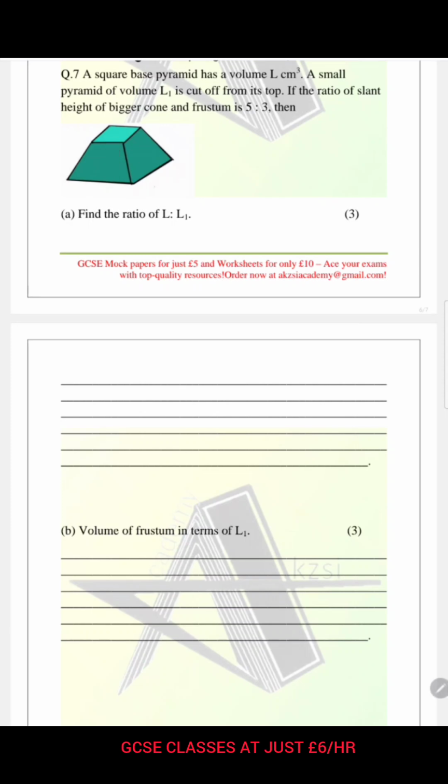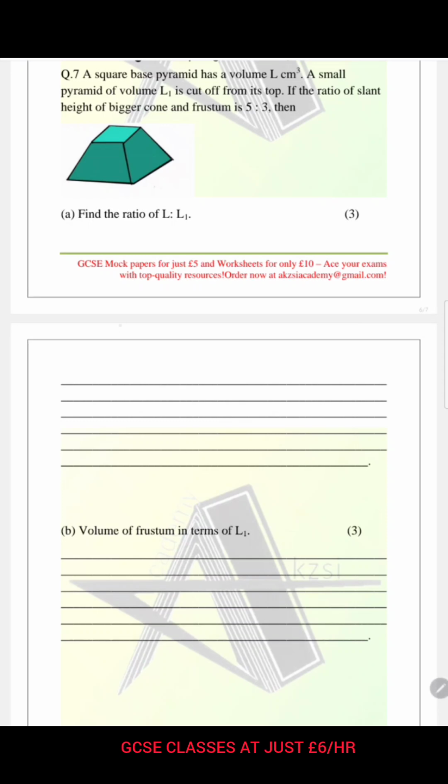The slant height of the bigger cone and slant height of the frustum is 5:3. Okay, not the scale factor is 5/3. Don't get confused, because the scale factor is when you divide the corresponding sides of the bigger pyramid and the smaller pyramid. We don't know.